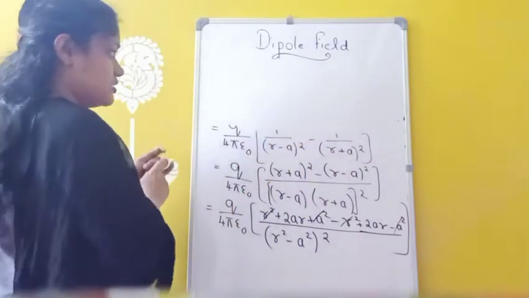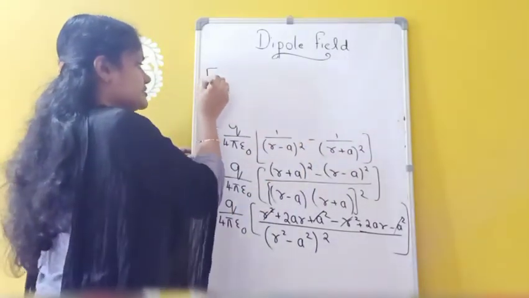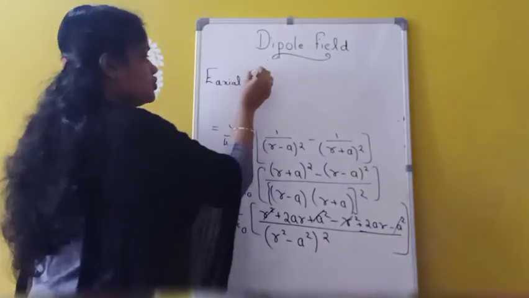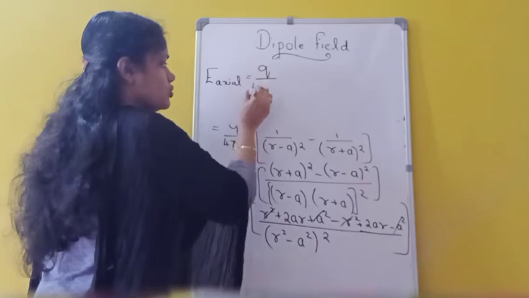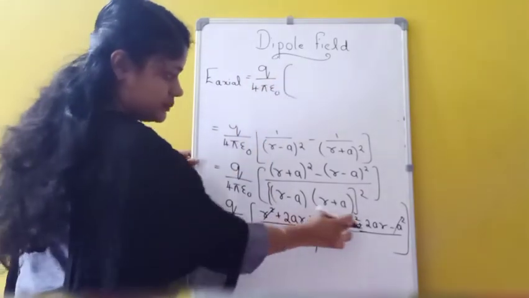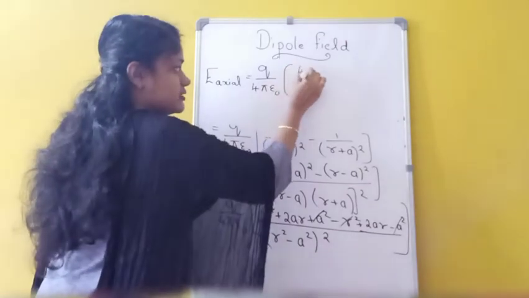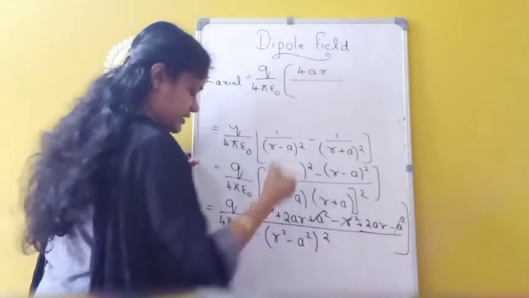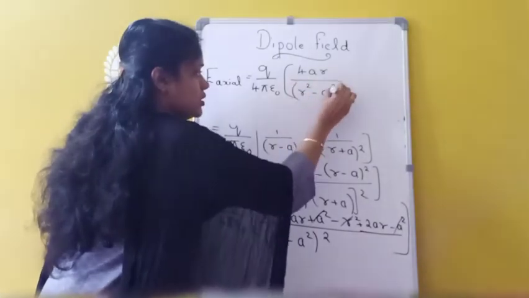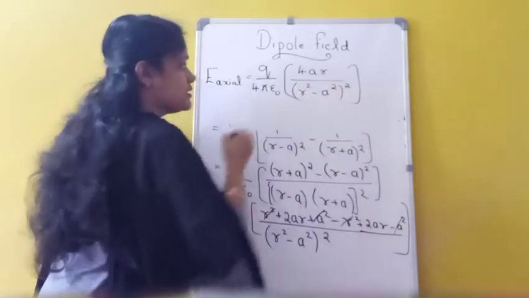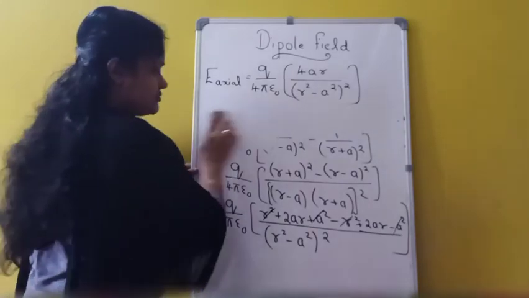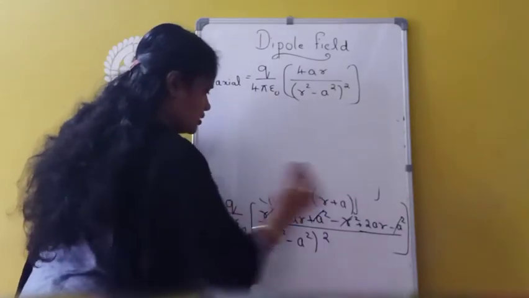So the net electric field along the axial point, E axial, equals Q by 4 pi epsilon 0 into 2AR plus 2AR is 4AR, divided by (R square minus A square) the whole square. But we know what is 2A into Q. So we have the dipole.